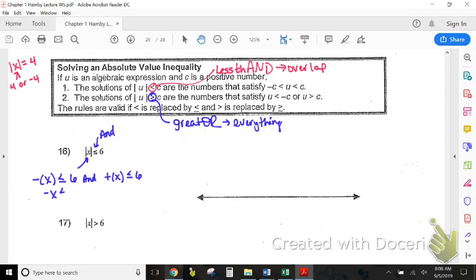So negative x is less than or equal to 6. Divide by negative 1. X is greater than or equal to negative 6. Then we have a positive x is less than or equal to 6. And we said this was an and statement. So there's my two solutions.